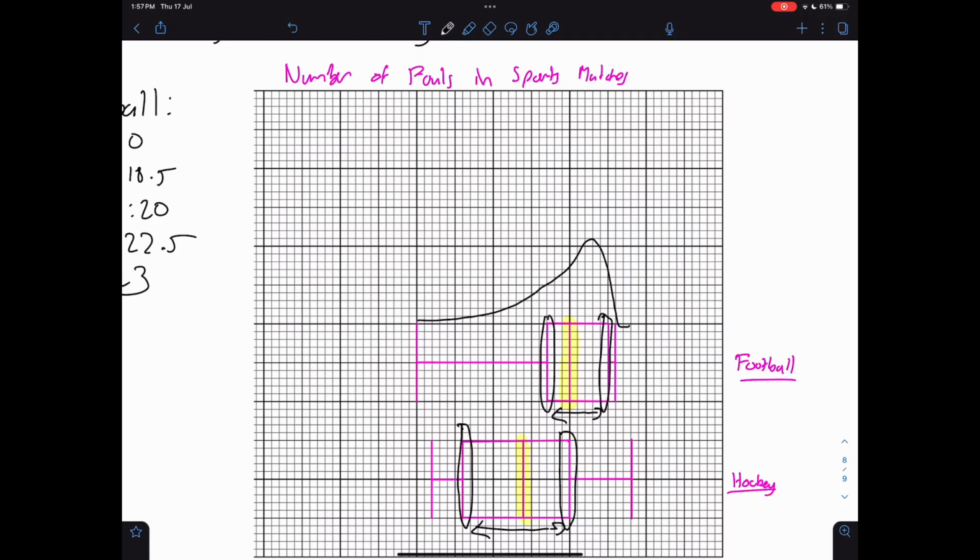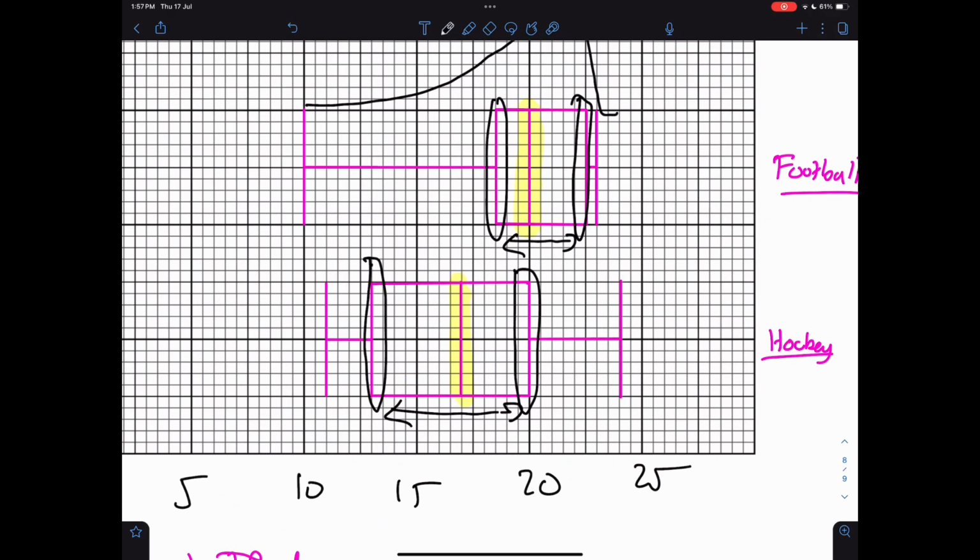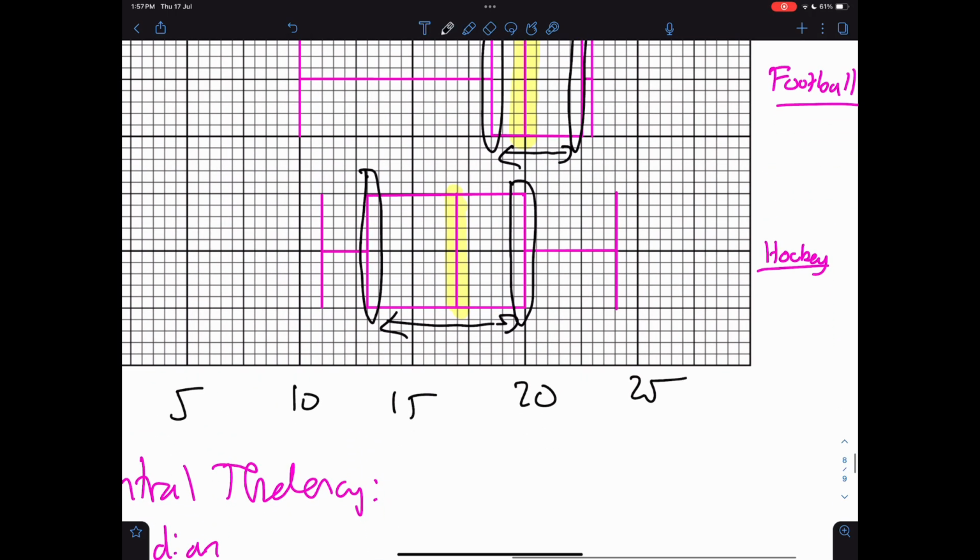And we know that this is negatively skewed. And for the hockey, it's kind of the opposite, but it's a lot more symmetrical.